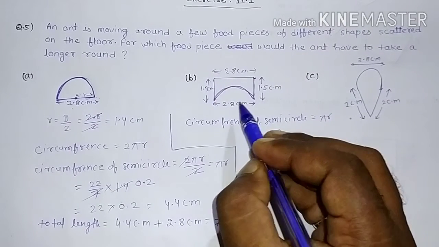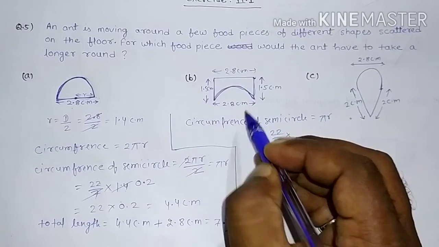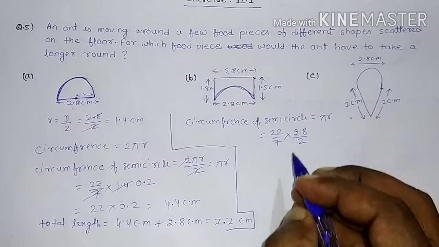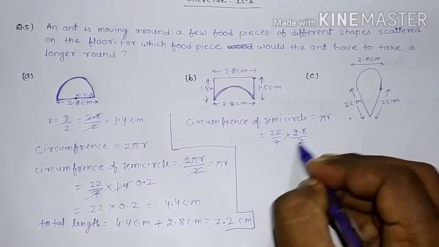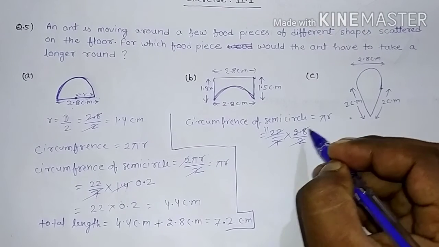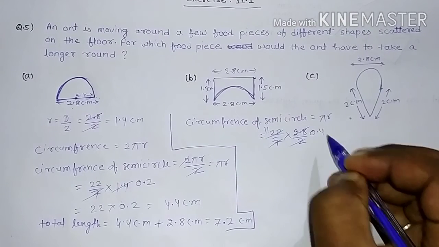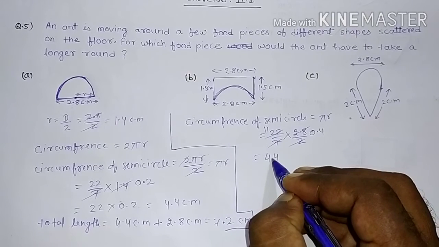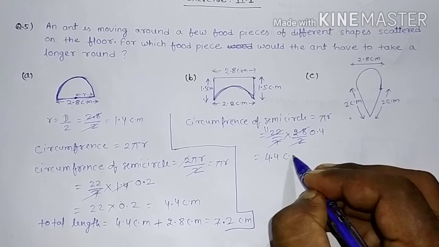So radius will be half of the diameter. So this is 2.8 divided by 2. Now just simplify it. 2 and 22 cancel out, that is 11. 7 4 is 28, that is 0.4. Now 11 4 is 44, and this is the decimal, 4.4 centimeter.